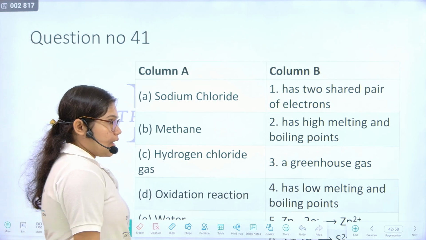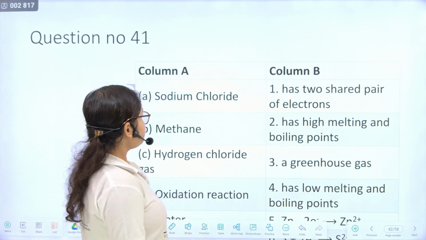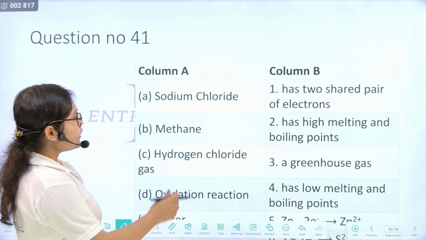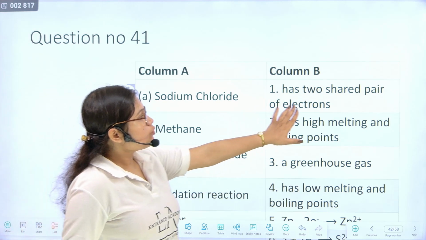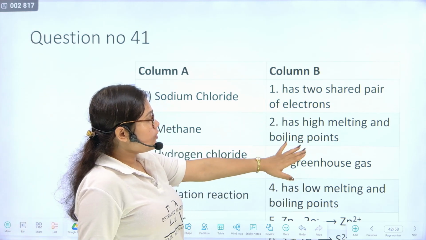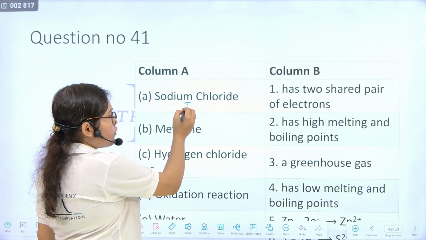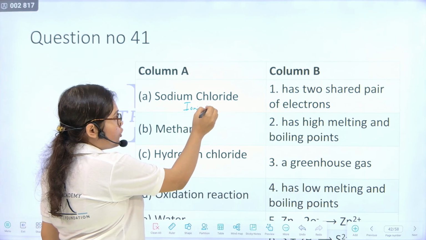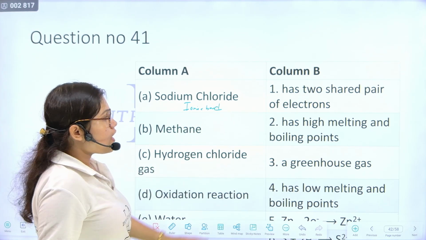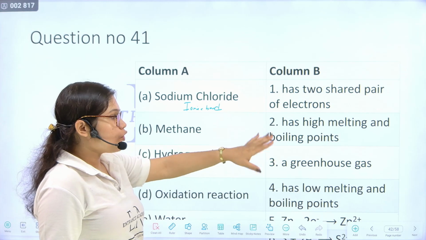These are the matching column questions. Sodium chloride has a high melting and boiling point. This is an ionic bond, an electrovalent bond, with high melting and boiling points, while a covalent bond has low melting and boiling points.